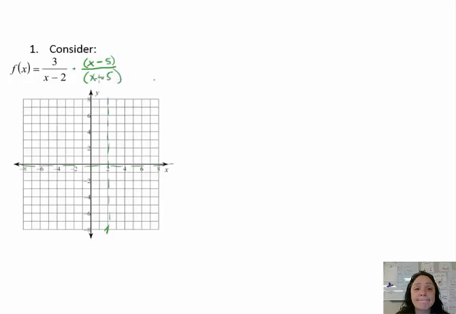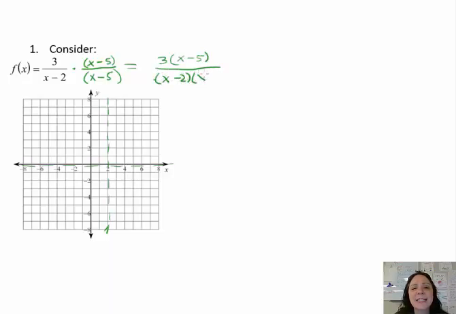Well, I said that we had a vertical asymptote wherever we had division by 0. But if I do this multiplication, I have another place where I could have division by 0. But I already know that this should be the same graph that we just looked at.